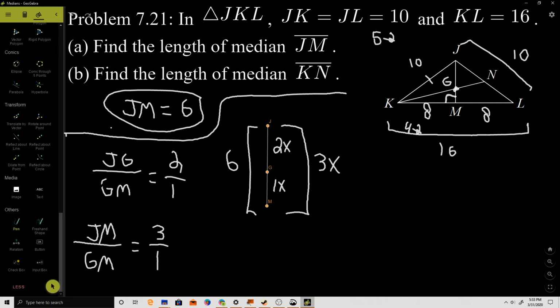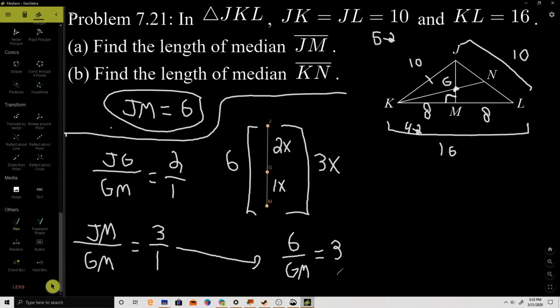So what can I do from here? Well, I know what JM is. I know that JM is 6. So 6 over GM, well, that kind of looks like a 6 too. GM equals, well, 3 over 1 is just 3.